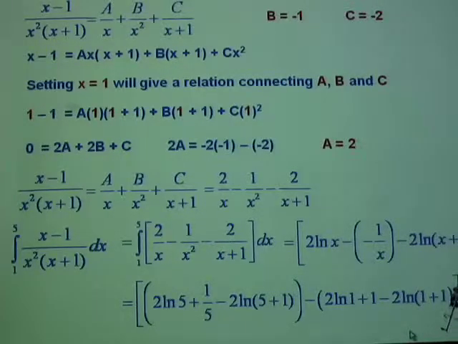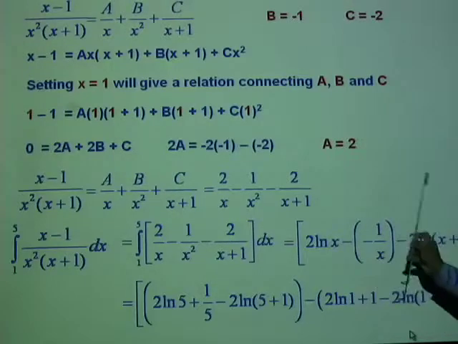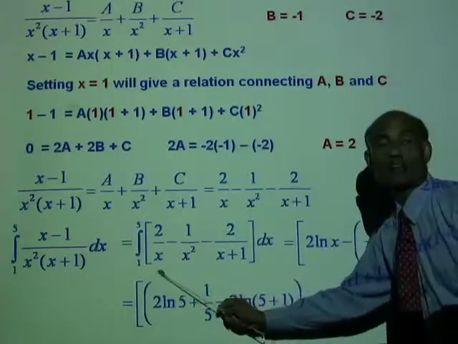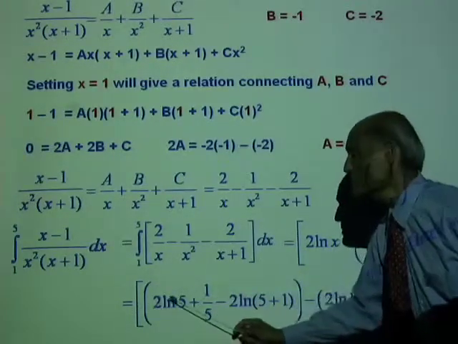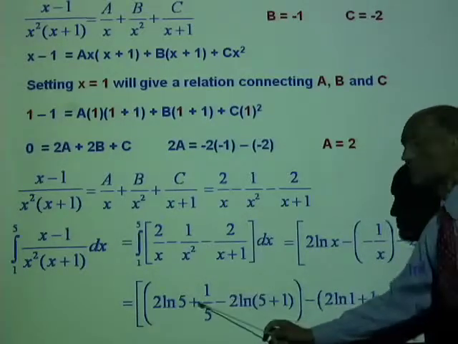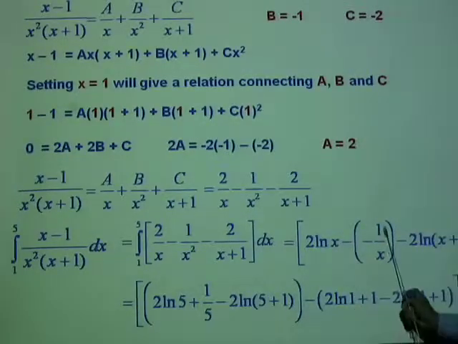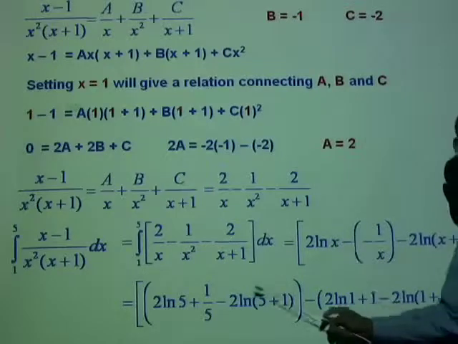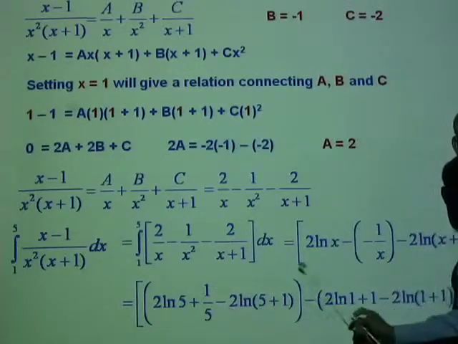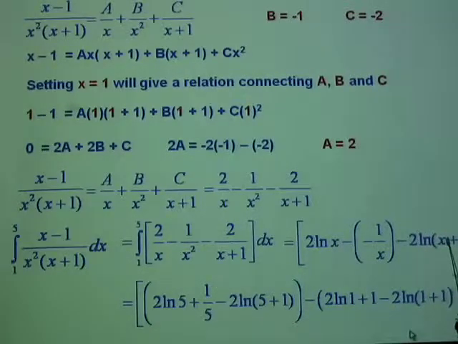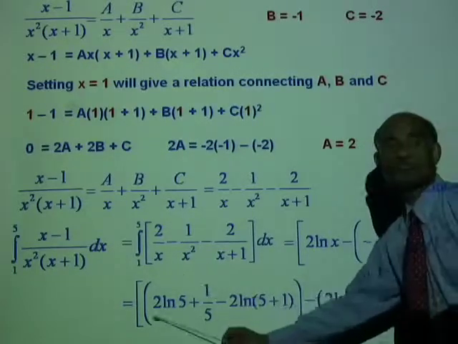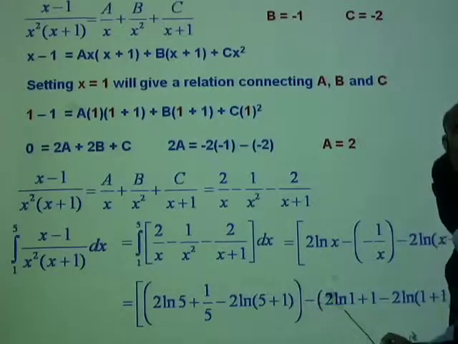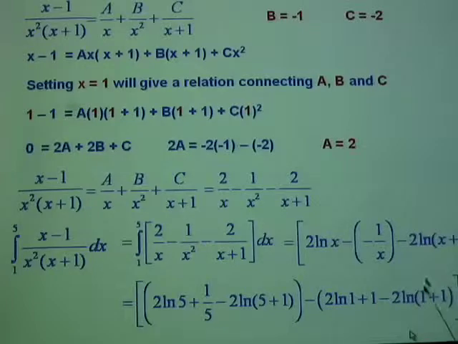And what we do is first use the upper limit, replace x by 5. That will be 2 ln 5 plus 1 over 5, these two negatives become plus 1 over 5, minus 2 ln 5 plus 1. This is the upper limit. Minus, now replace x by 1, 2 ln 1 plus 1 over 1 minus 2 ln 1 plus 1.